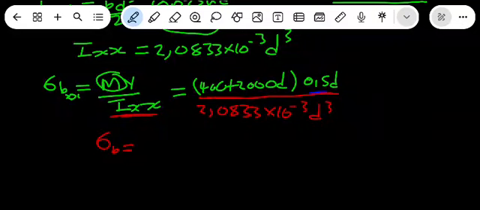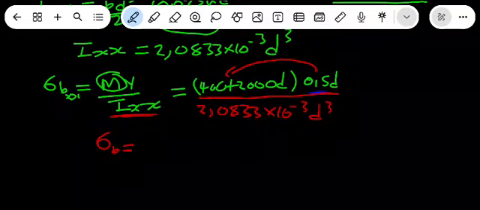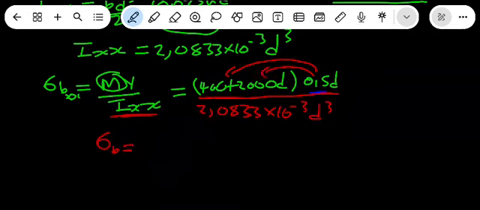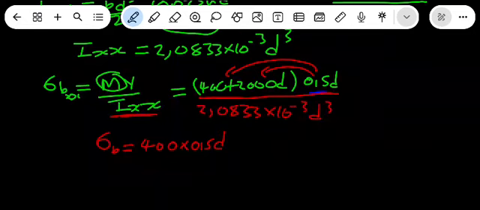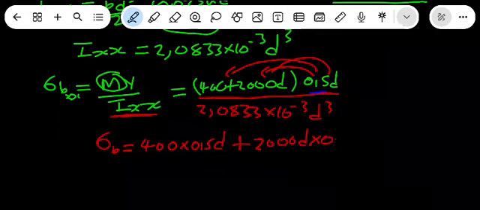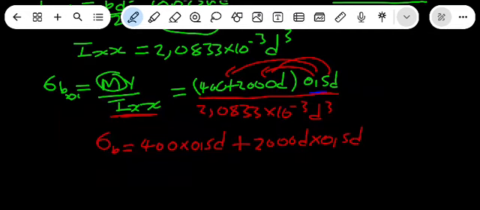So what can you do here? I can multiply this like that. I can distribute that 400 times 0.5d. You understand? Then distribute here again, plus 2000d times 0.5d. So all these must be divided by what?